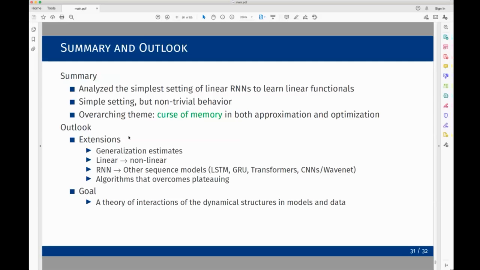Yeah, I think that would be quite challenging in our current framework, because we're assuming H_t is regular.